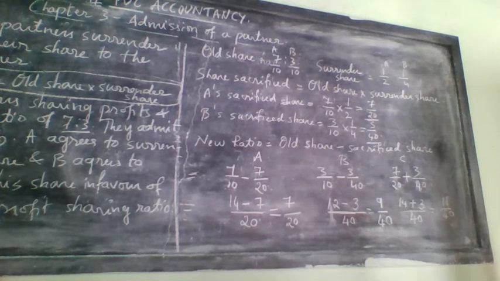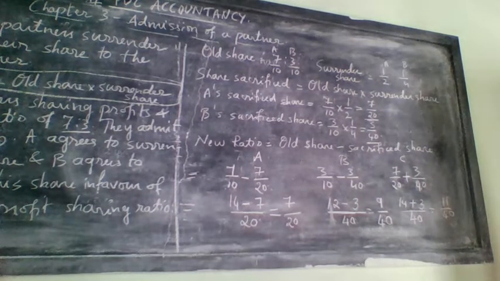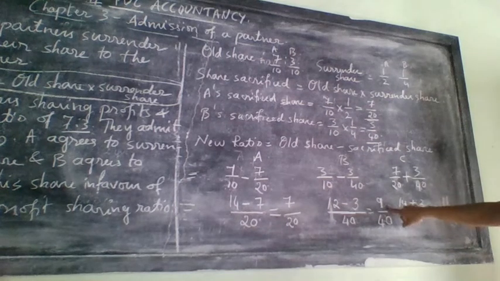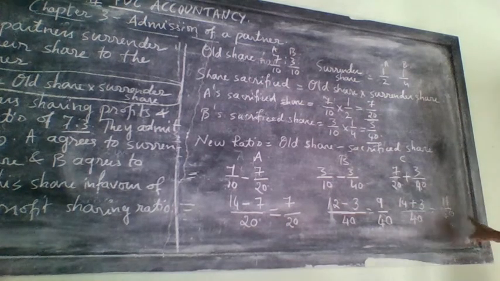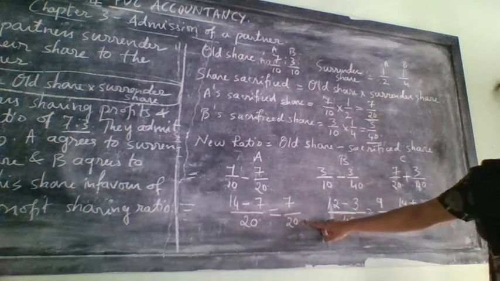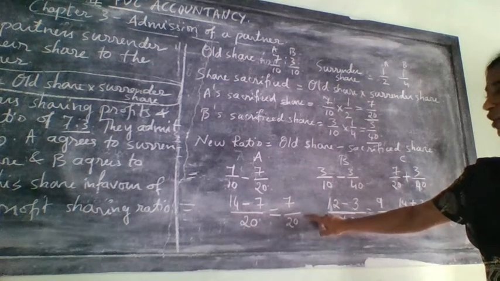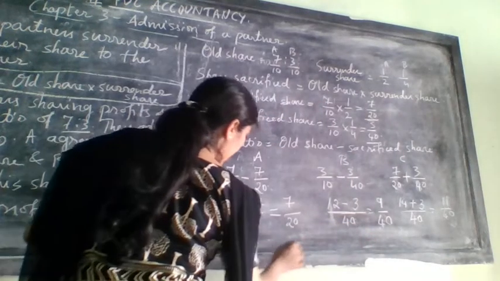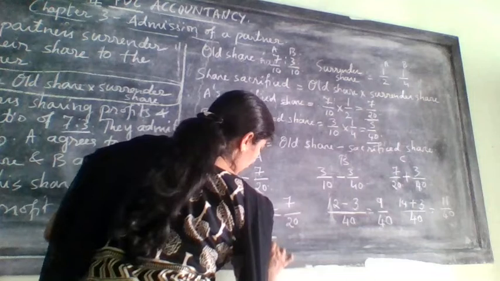11 by 40. But here what happens? Here it came 11, here it came 9. The denominators of these two are the same, but this one is different. So again what we need to do? We need to convert this into the common denominator. So again I will make this 40 now.